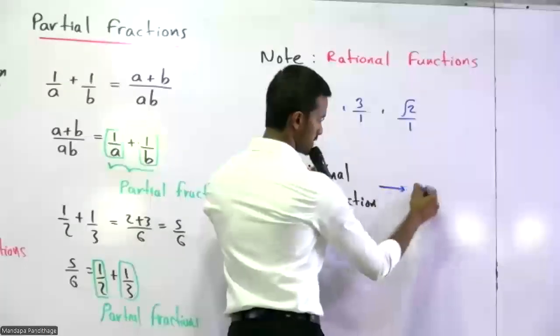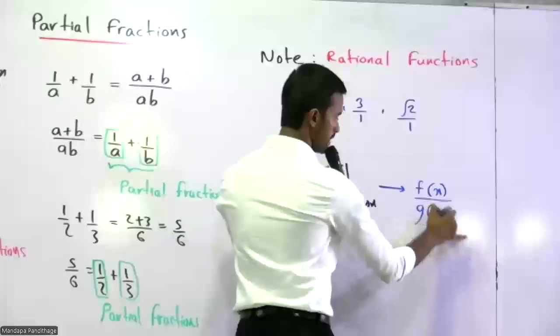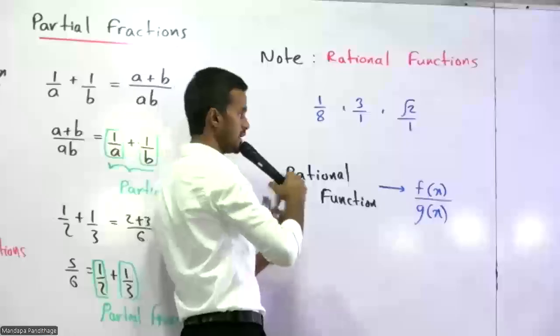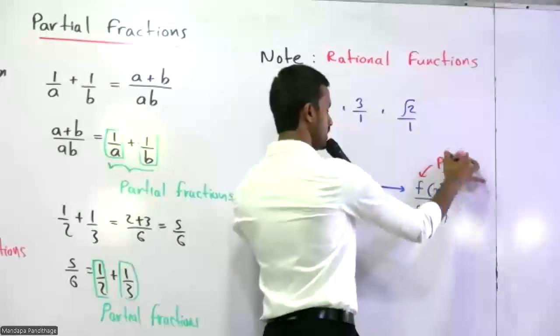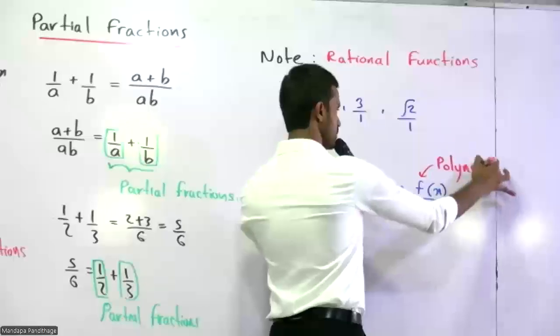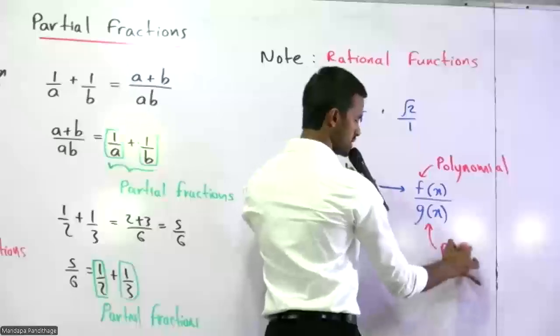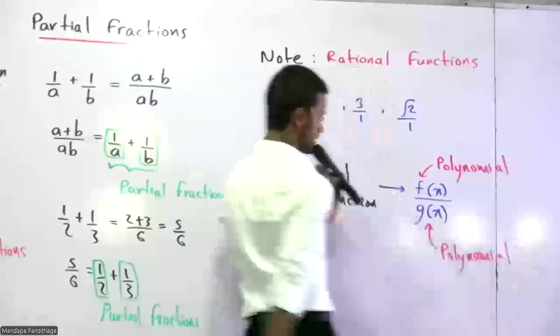A rational function is f(x) over g(x), where f(x) is a polynomial and g(x) is a polynomial.